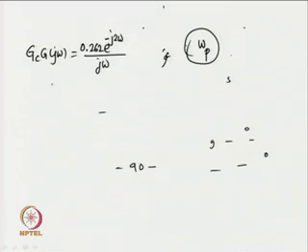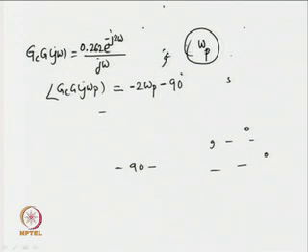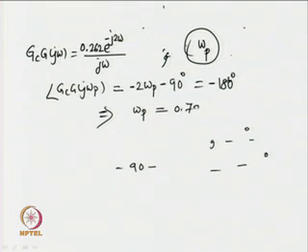So, GCG j omega p will give me an angle of minus 2 omega p minus 90 degree, which should be equal to minus 180 degree, which upon solving gives omega p as 0.785 radian per second.